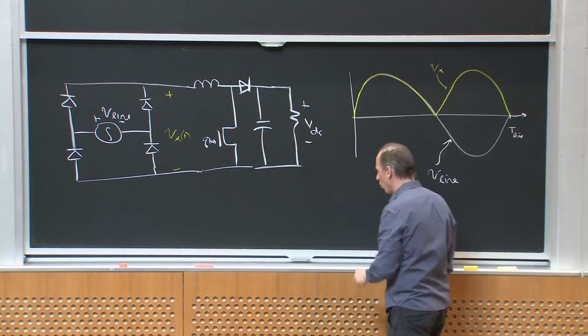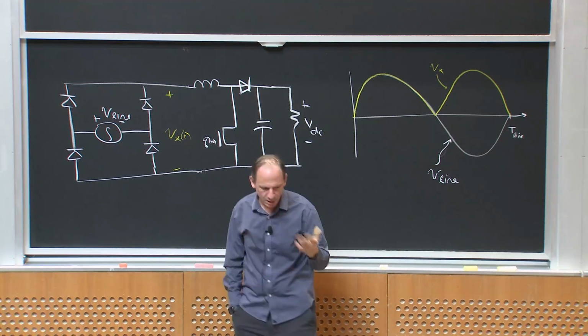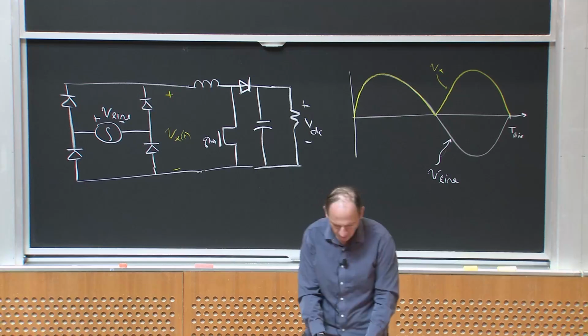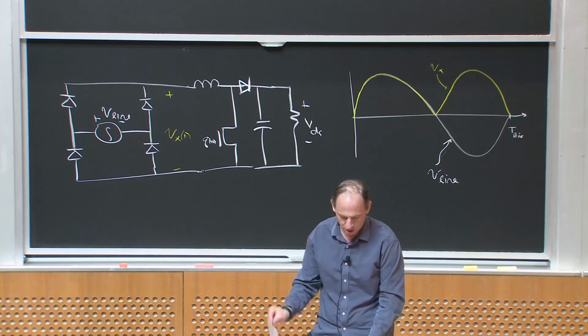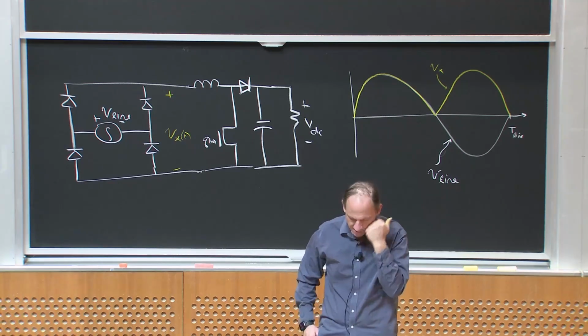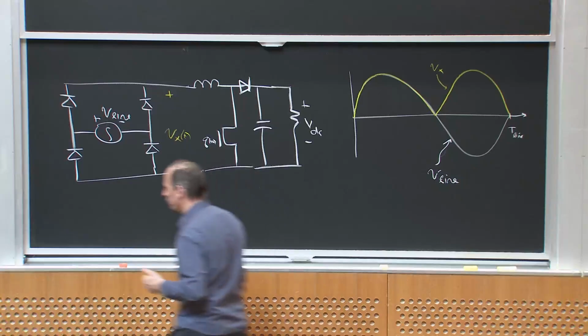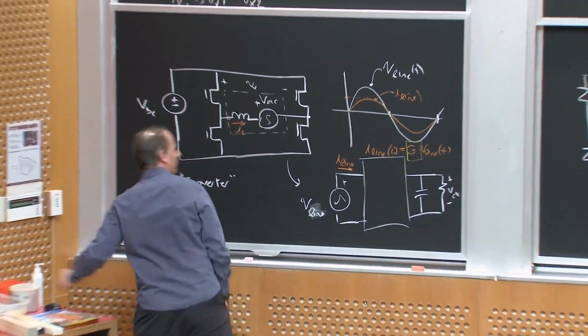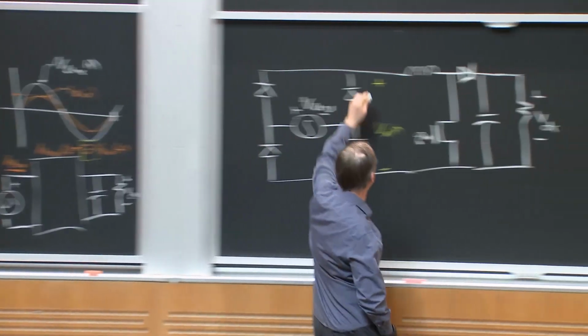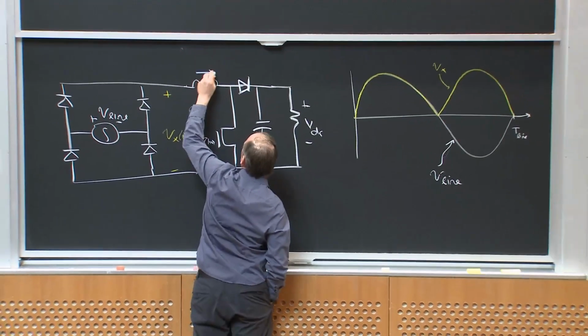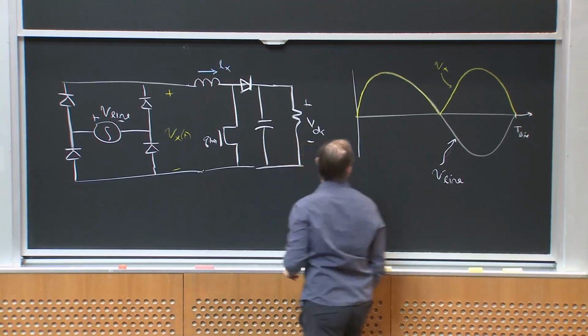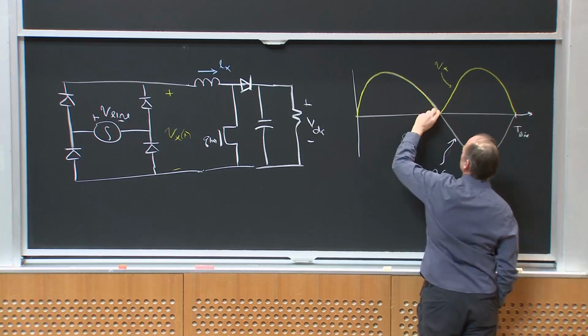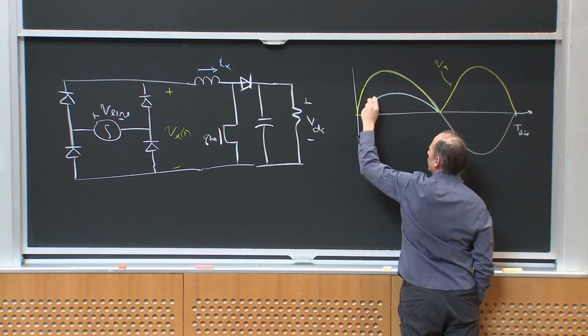Right? And what's my goal? My goal might be to control my input current, Ix. And Ix maybe I'll control to look like this on average, right?